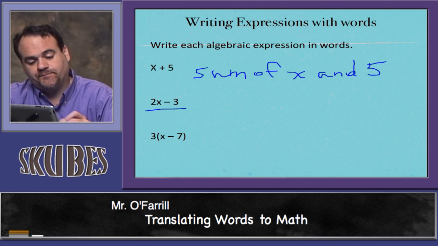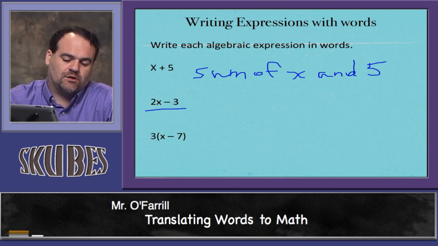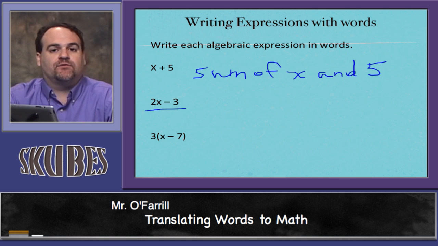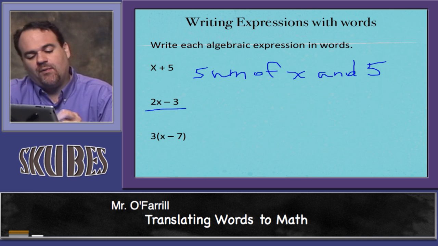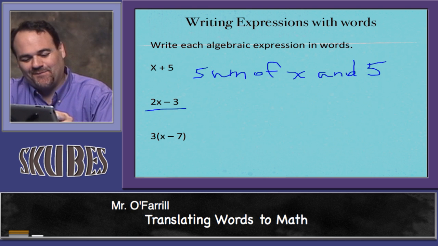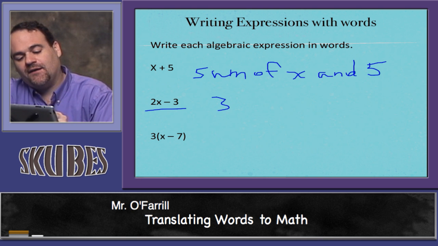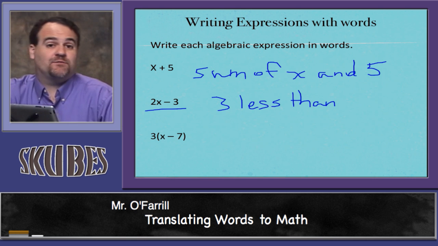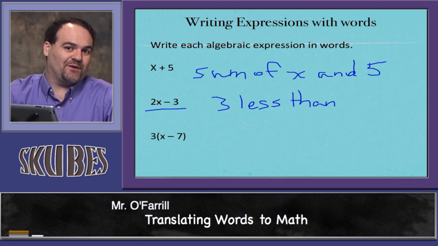Now this one, let's see. Well, we could easily just say 2 times x minus 3. That's really easy. But let's try and be a little bit more creative there. How about, let's say, here we go, 3 less than, remember what I told you before, when we use the phrase less than, we're doing it backwards.